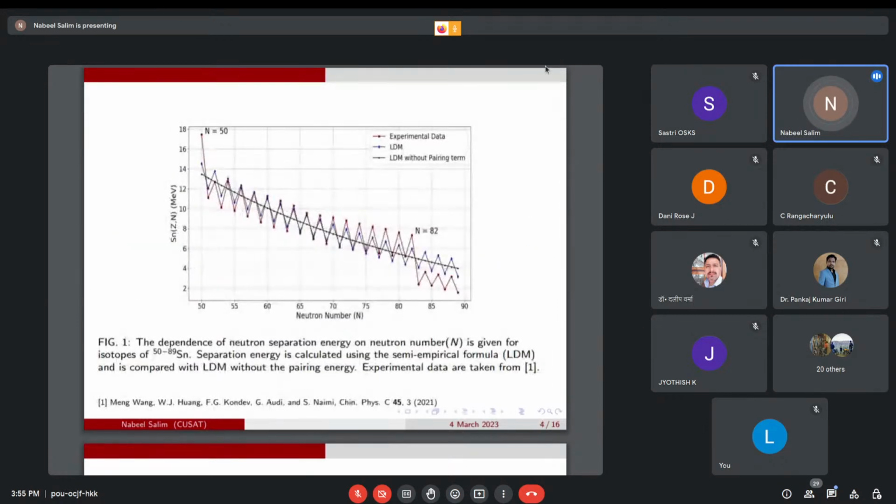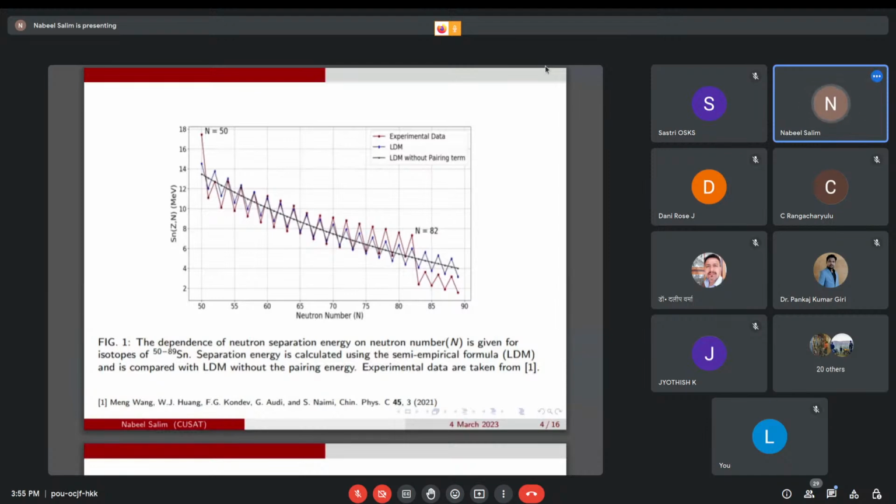I have here plotted the one neutron separation energy of the isotopes from 50 to 89, and here you can see three plots. The one in red is the experimental data that we have taken from the paper. Then there is the liquid drop model in the blue line, and the liquid drop model without the pairing term in the black line.